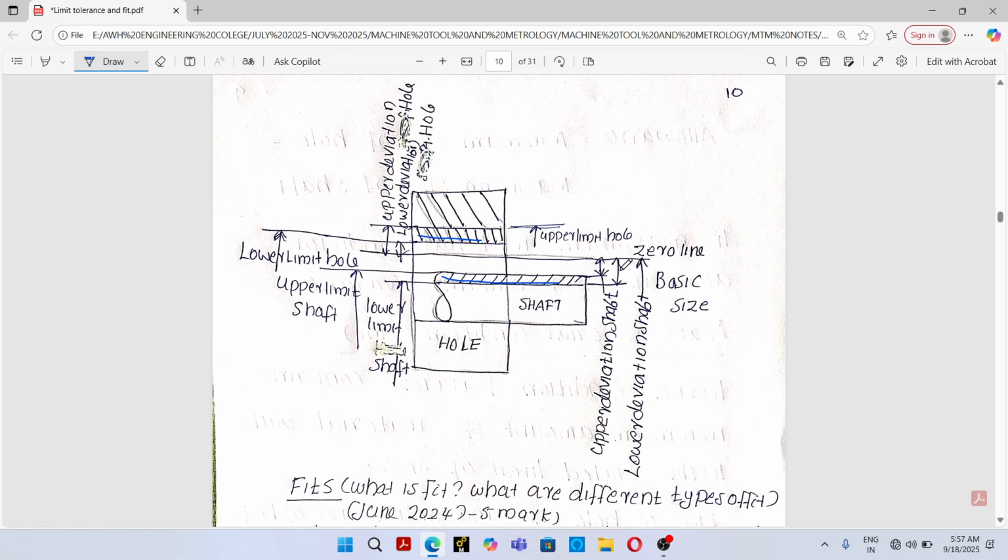Okay, so this is the upper deviation and this is the lower deviation of shaft, and this is the tolerance zone of shaft, and this is upper limit and lower limit. In the case of hole this is a lower limit and this is the upper limit, and this is lower deviation and this is upper deviation.